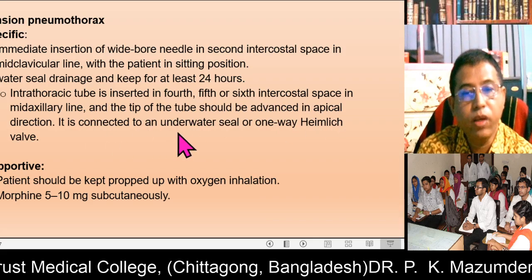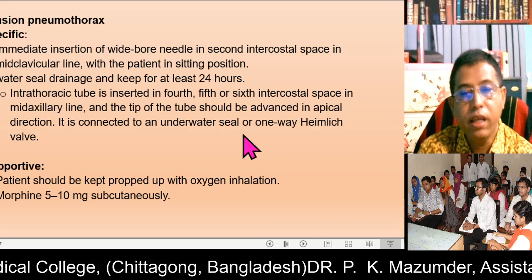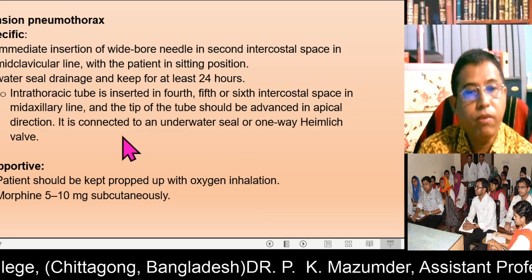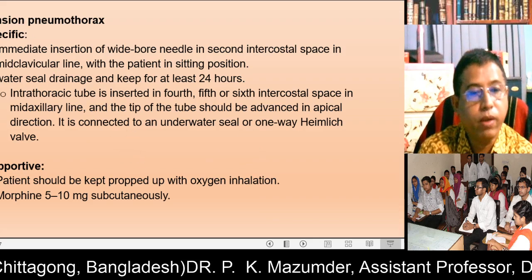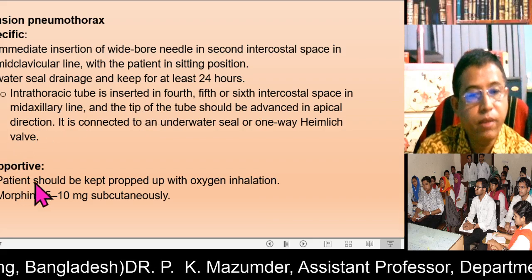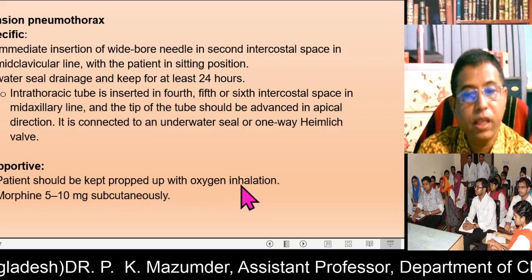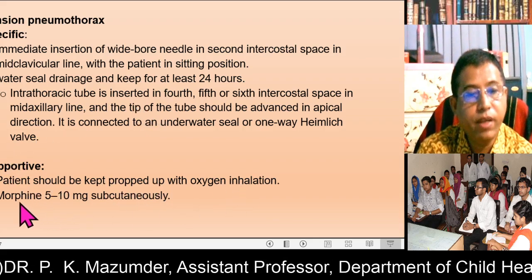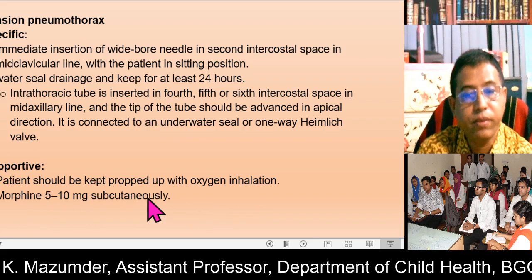It is connected to an underwater seal or a one-way Heimlich valve for at least 24 hours. As other supportive care, the patient should be kept propped up with oxygen inhalation, and if severe pain, give morphine 5 to 10 milligrams subcutaneously in adolescents.